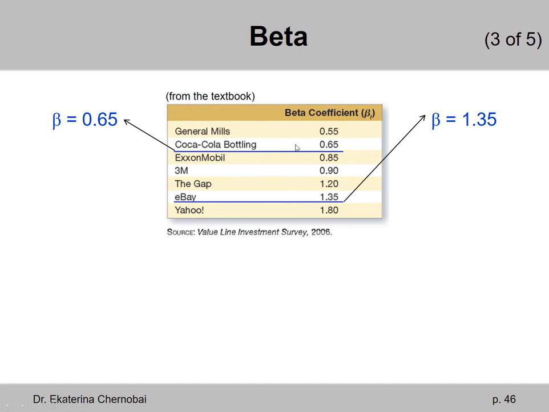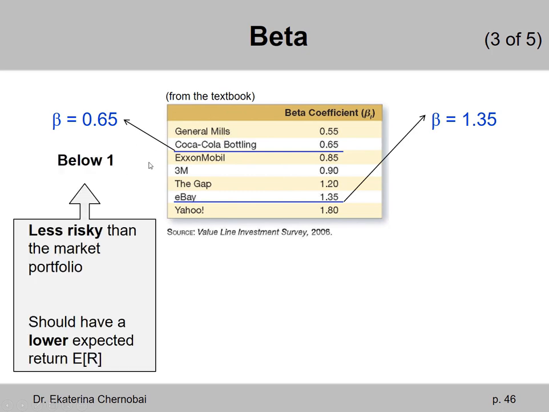One is below 1, for Coca-Cola. One is above 1. Below, so all we're going to say is that anything that's below 1 means there is less risk than the amount of risk observed for an average company in the economy, or for the market portfolio, in other words. So because the beta for Coca-Cola is only 0.65, that's below 1, right?